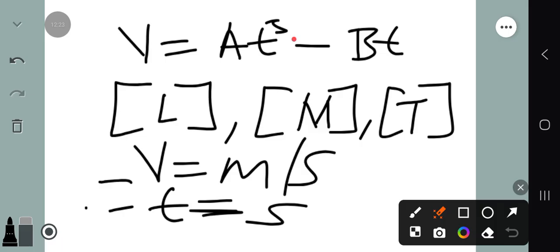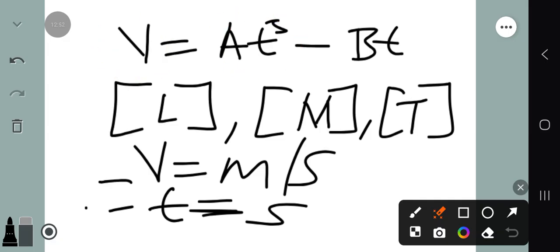So now, how do you find the dimension of A and B in this scenario? Remember, dimensional analysis can only derive one part of an equation. So it means this V equals that, and this V equals that. Forget about the negative, all right? It means we can only derive the relationship between V and AT cubed.